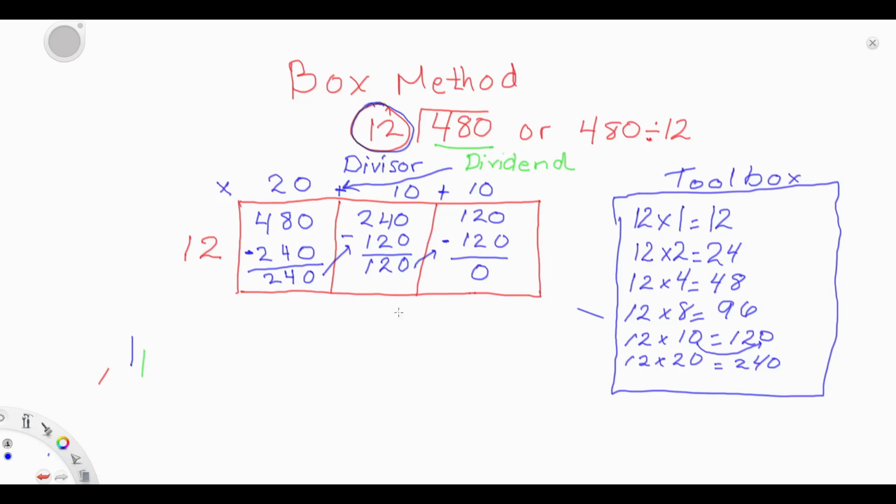Now, in order to finish this workout, let me change the color. I'm going to change it to black. I'm going to take these three numbers. 20 plus 10 plus 10.